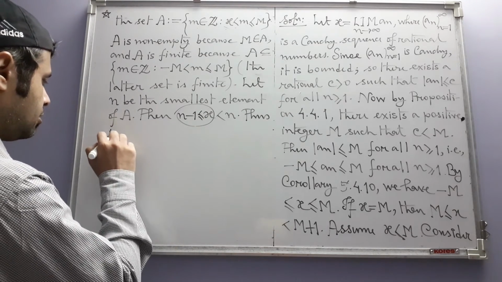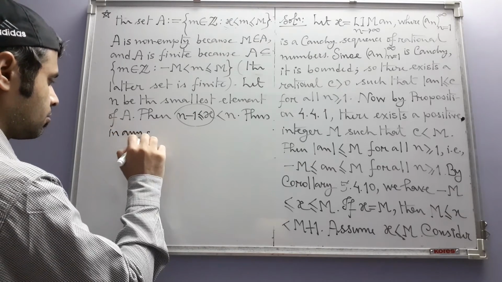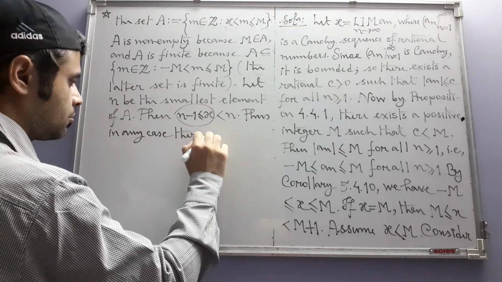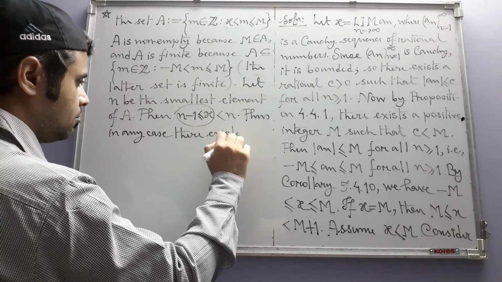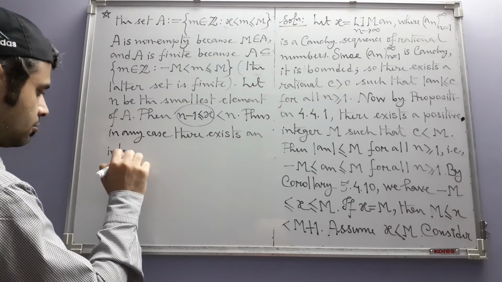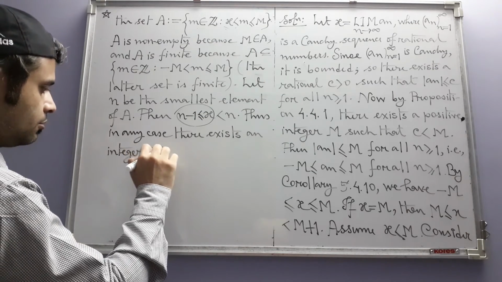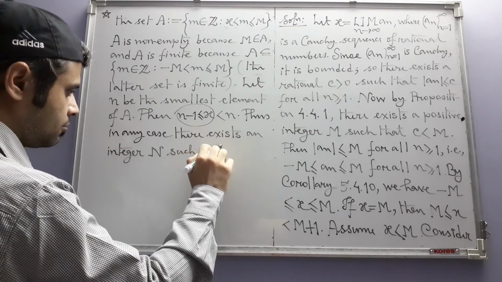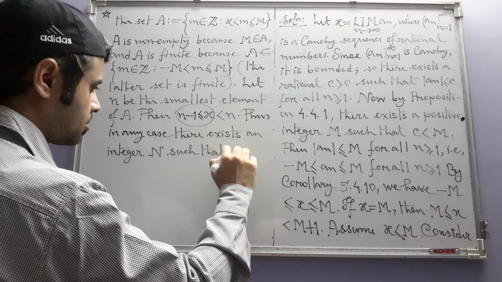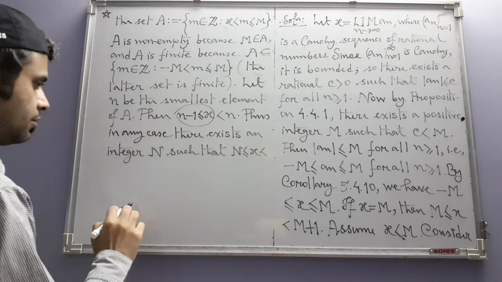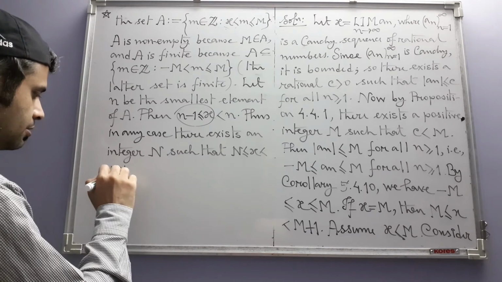Thus, in any case, there exists an integer n such that n is less than or equal to x and x is less than n plus 1.